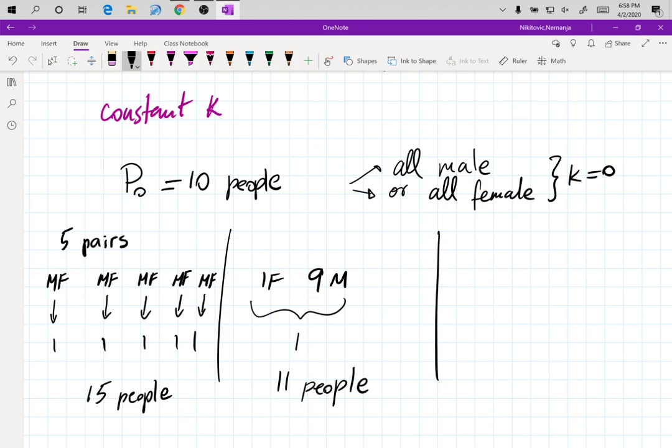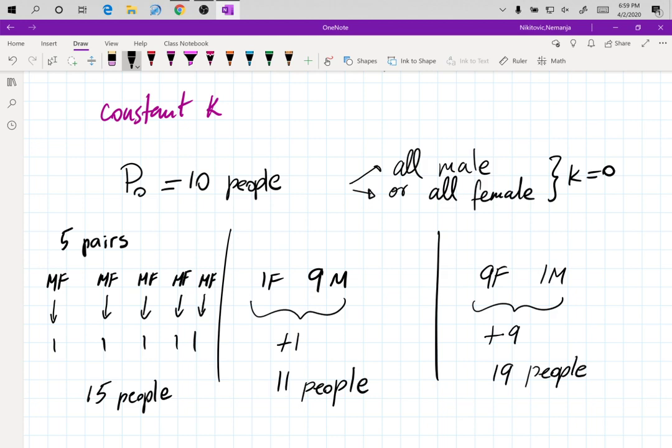And now we're going to have 9 female and 1 busy male. That will produce plus 9, so now we're going to end up with 19 people at the end. They all started with the initial population of 10. But the mixture was different. We had a split of 50-50, and then a split of 10 to 9 or 9 to 10, whichever way you want to look at it.